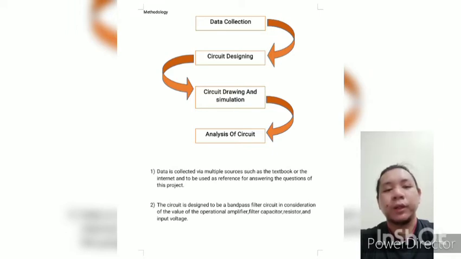Next, for the circuit designing, we chose our project to be a bandpass filter circuit, in consideration of the values of the operational amplifier, filter capacitor, resistor and input voltage.